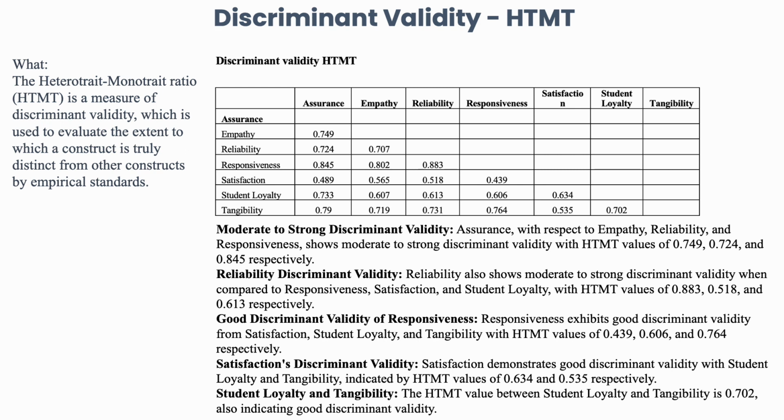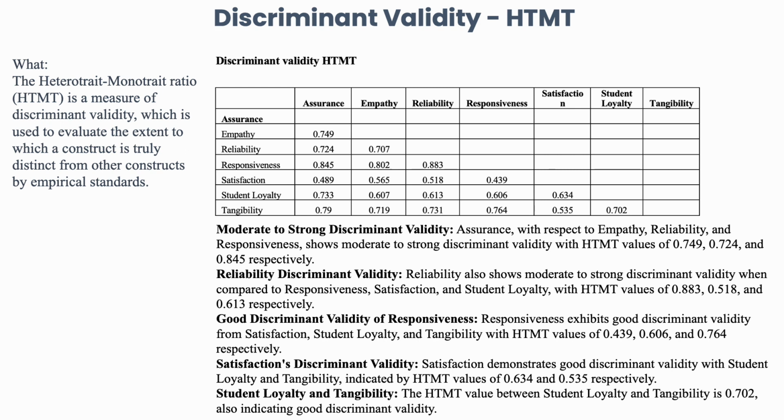These values suggest that assurance has moderate to strong discriminant validity from these constructs. The HTMT values for reliability to responsiveness, reliability to satisfaction, and reliability to student loyalty are 0.883, 0.518, and 0.613 respectively. These values suggest that reliability has moderate to strong discriminant validity from these constructs.